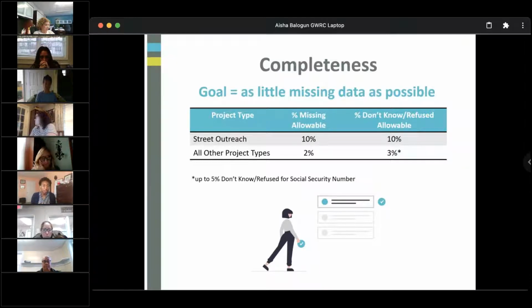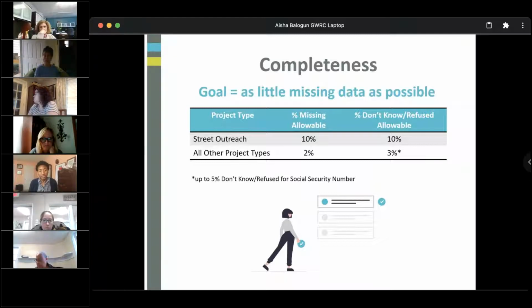So for street outreach projects, the allowable threshold of missing data or don't know or refused answers is 10%. For all other projects that are putting in data into HMIS, those numbers drop to 2% and 3%, with a little leeway for Social Security number answers. So that is our expectations for data completeness.